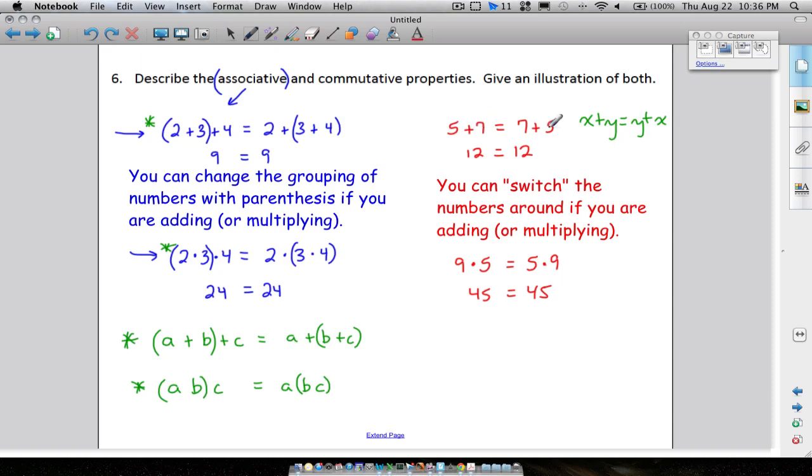We just swap the numbers around. That matches right there. And then this one down here, we could say x times y is equal to y times x. 9 times 5, 5 times 9. Same thing. These ideas using variables prepare you for future modules because you will be doing some algebra later on in your DMA classes.